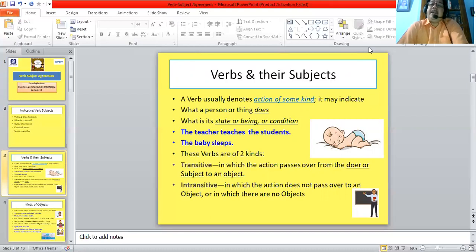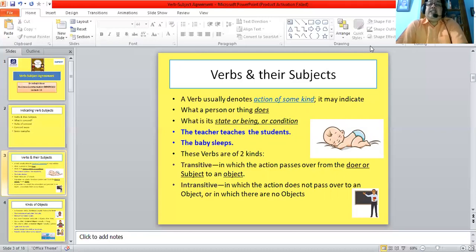Like Ram is playing. So obviously Ram is the initiator of the action. And Sita is singing. So again, she is the initiator of the action over there. Or it can indicate some state or condition, like the baby sleeps, for example.